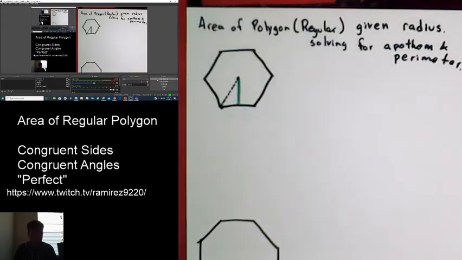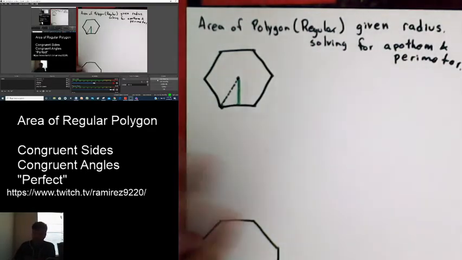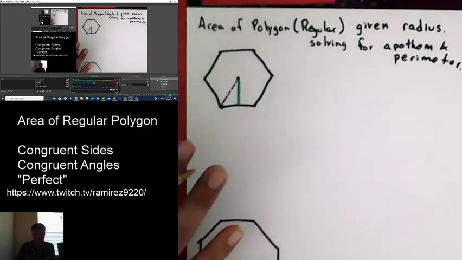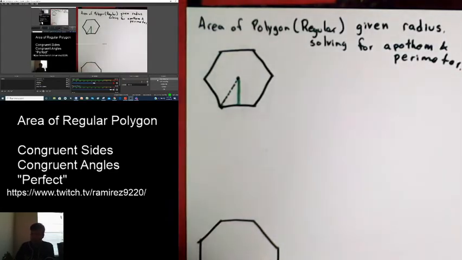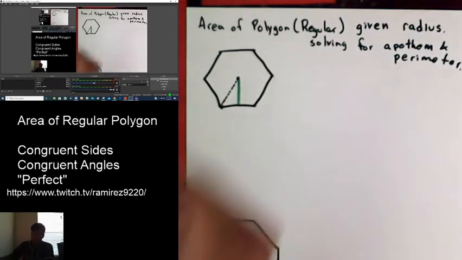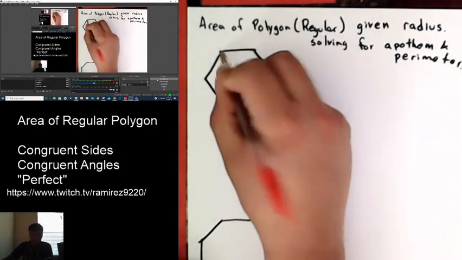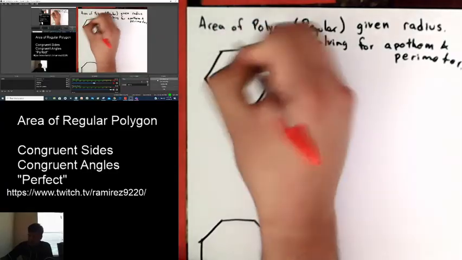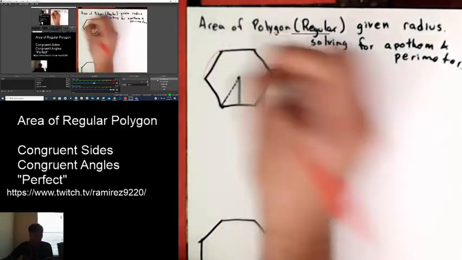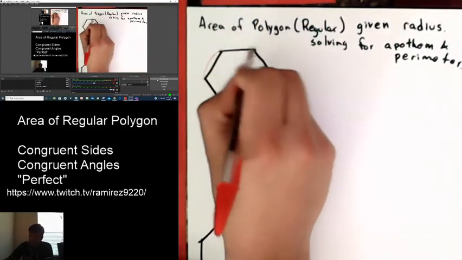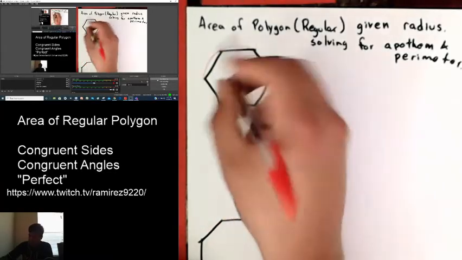Now, when we use the term radius, we usually refer to a circle. You don't see it here, but you need to imagine it. If this figure was inside your circle, such that the vertices of the figure touch the circle.